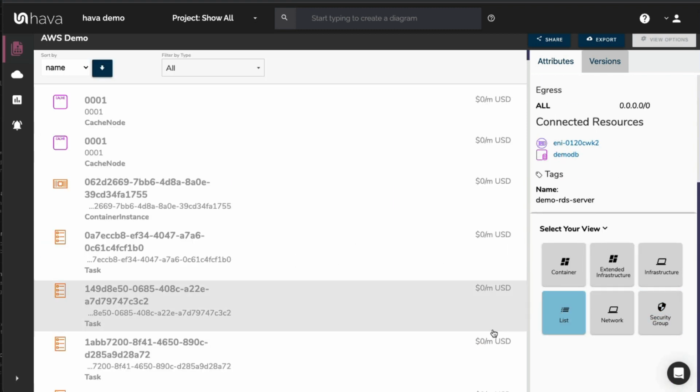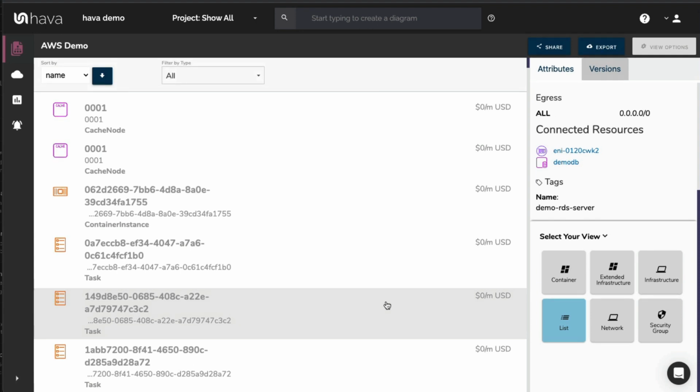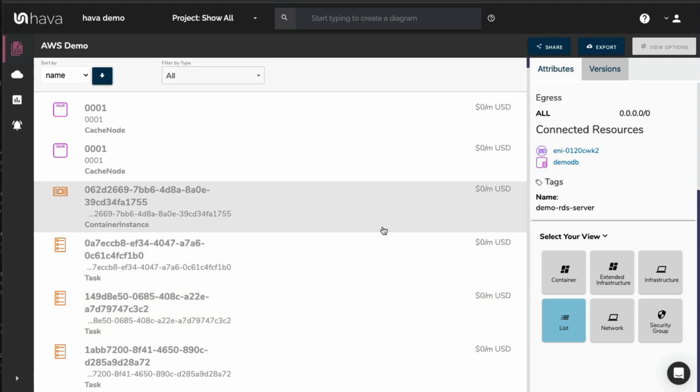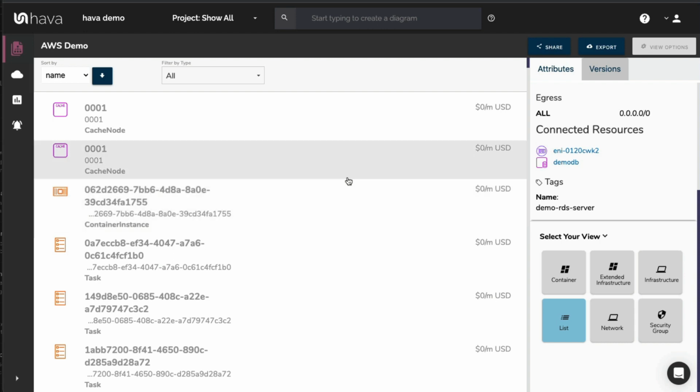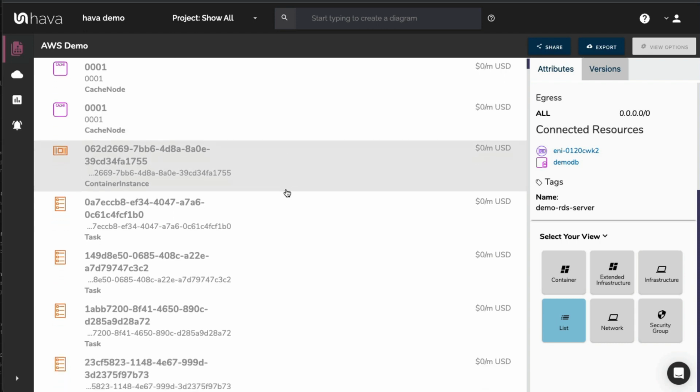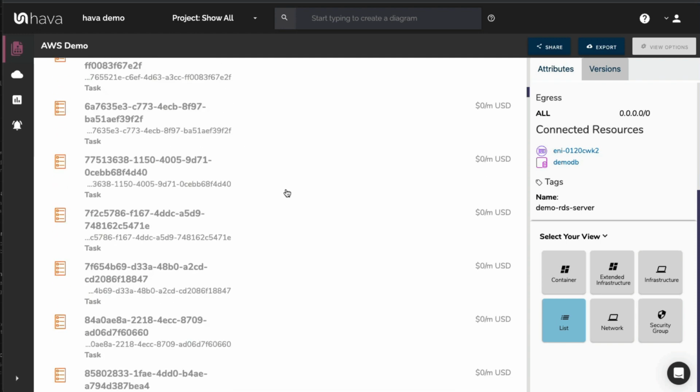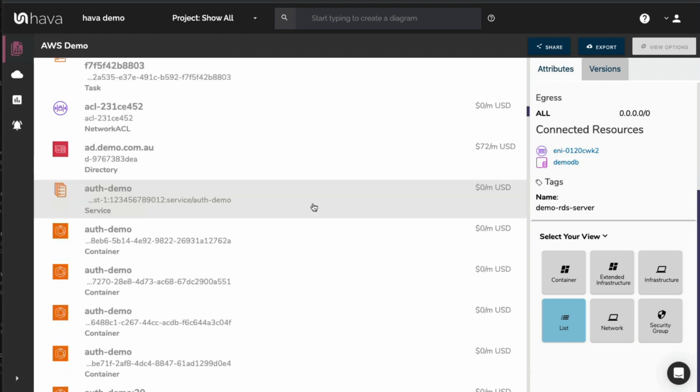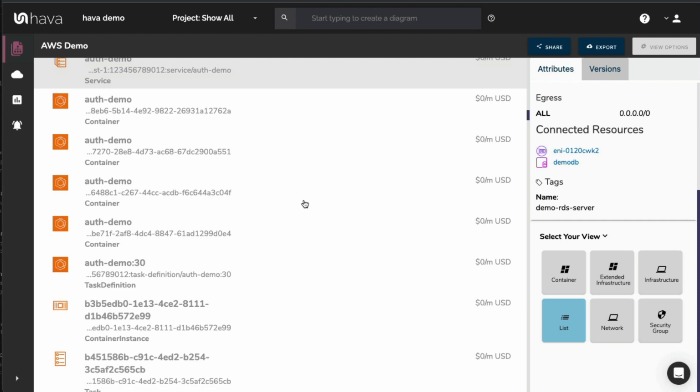And then list view is a more comprehensive list of the resources that were discovered when Hava analyzed the AWS config. So we've got lots of things within here that are not visualized, but they have been detected.